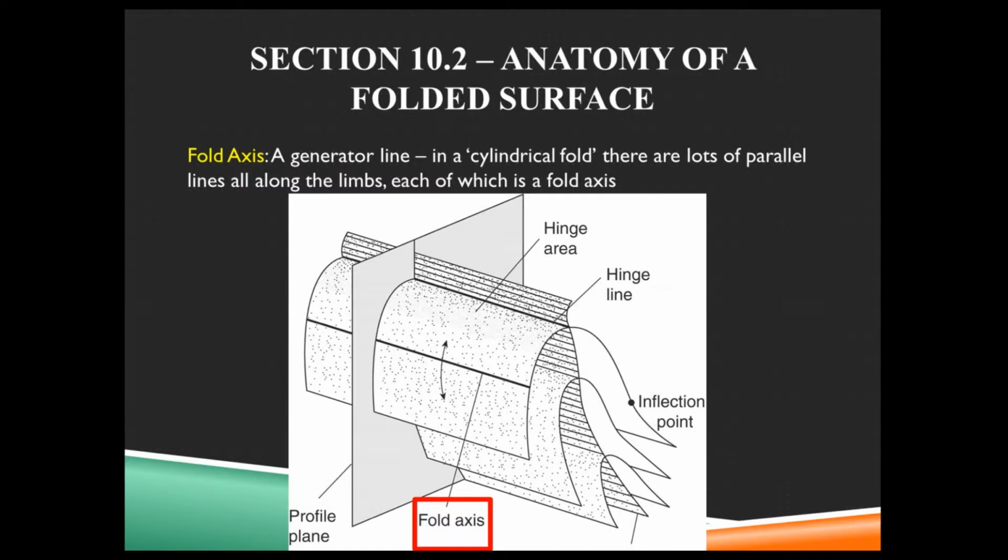But this fold axis is one long line along the limb, anywhere along the limb, and you can tell if the fold is cylindrical, which we'll talk about in a moment. It'll be a straight line. If it's curved, then you have other things. But then the limb is basically made up of a whole bunch of these fold axes all along it that make up the whole thing.